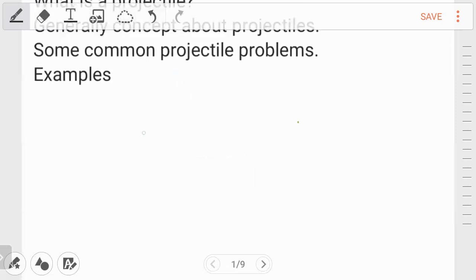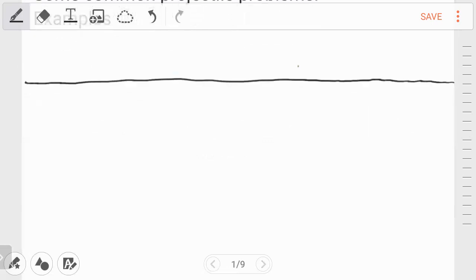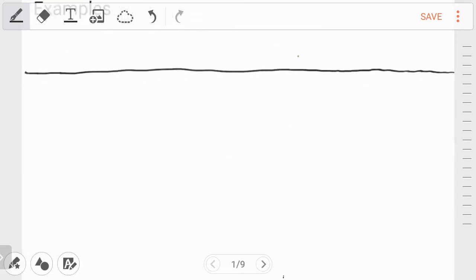What is a projectile? Well, a projectile is just an object which is moving in air, of course. But as it moves in air, there is one thing that has to be satisfied for this to be a projectile.